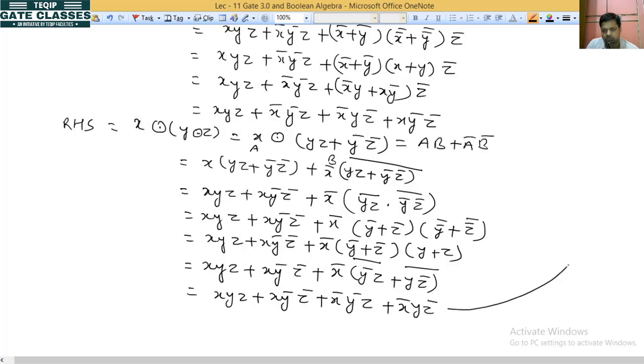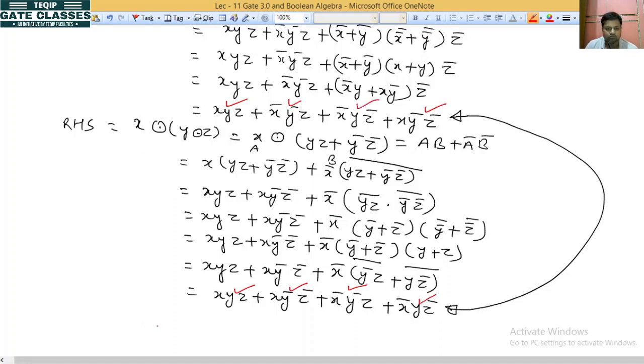Now you can match it with this left hand side. So it has xyz, xyz here, xyz here, xy bar z bar, xy bar z bar here, x bar y bar z, x y bar z, x bar y bar z, x bar y z bar, x bar y z bar.